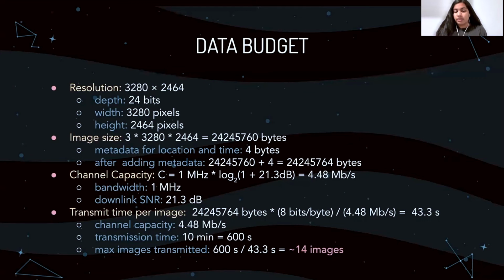Knowing that we have a total of 10 minutes to transmit all of our images, which is just 600 seconds, we would be able to transmit 14 images. While this number seems fairly small, we have included in our plan to delete a lot of the images after pre-processing to see whether any objects of interest are even in the image.